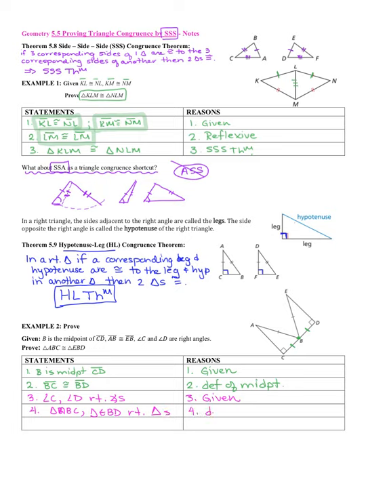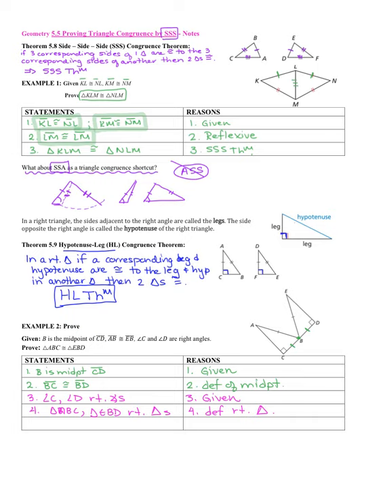Why? That's the definition of a right triangle. A right triangle is a triangle that has a right angle. That should make sense. All right, so 3 and 4, those steps go together.